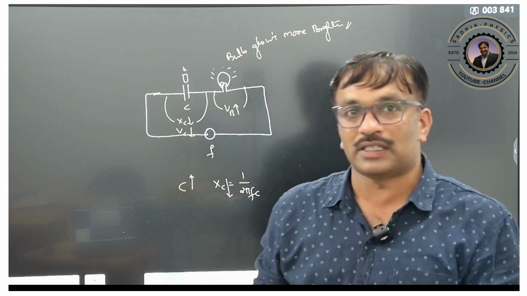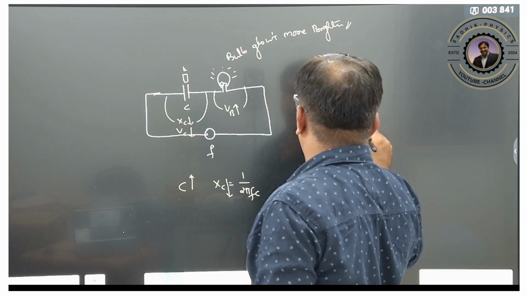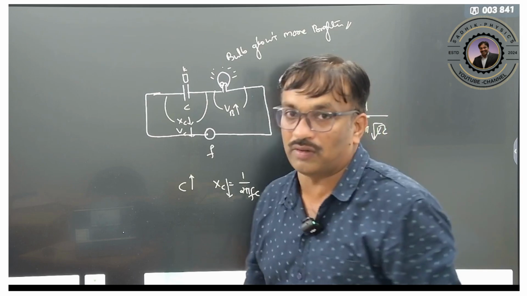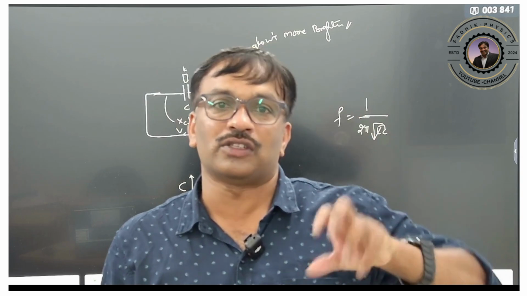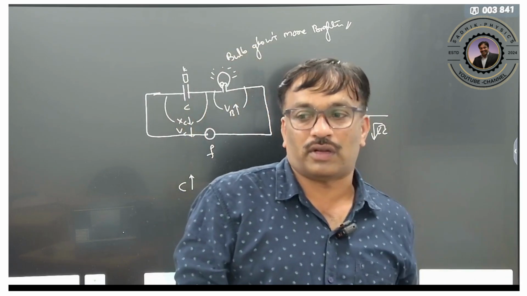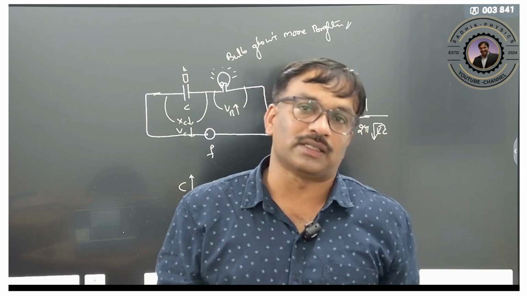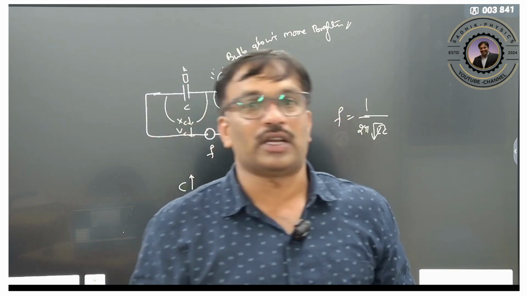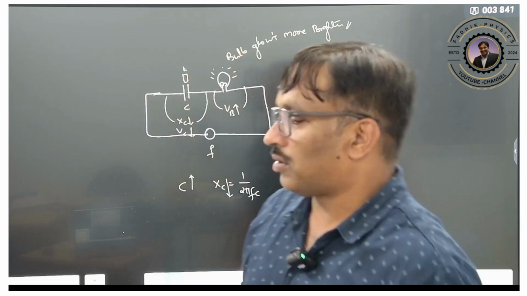Once inductance is changed, the resonating frequency will change. Why? Because f is 1 by 2 pi into square root of LC. As L is changed, the frequency will change automatically, therefore resonance will not take place. So it creates a buzzer sound, right? So even airport security uses the resonating condition of our alternating RLC circuit, right?